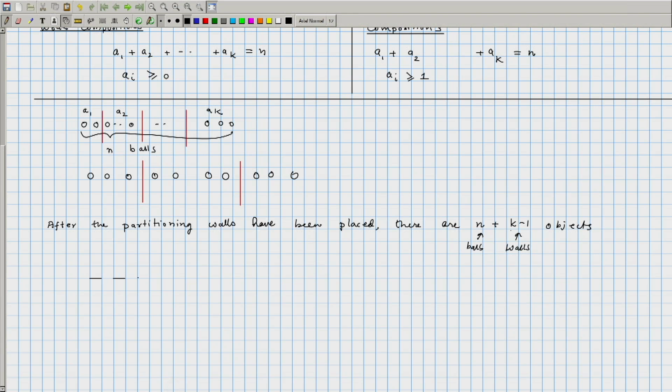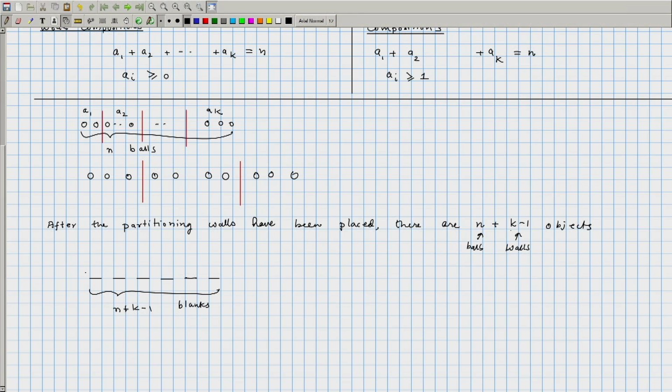So, let us say we have n plus k minus 1 blanks, and out of these blanks some blanks would be selected as positions where you can put balls and the others will be where you can place the partitioning walls.